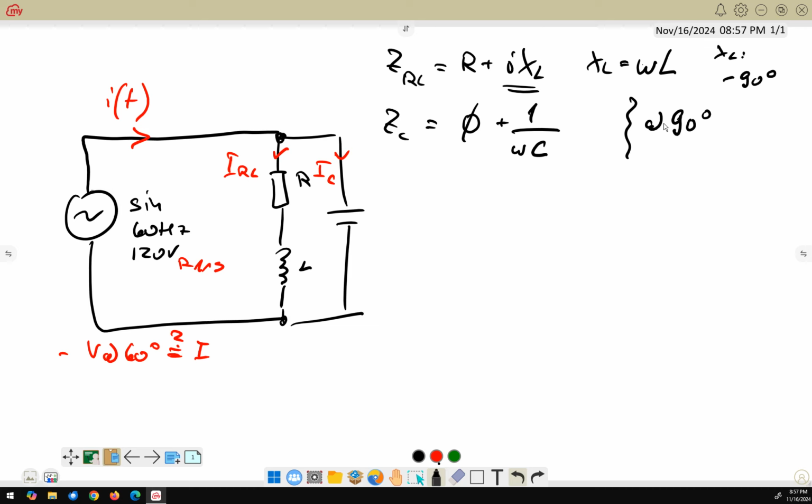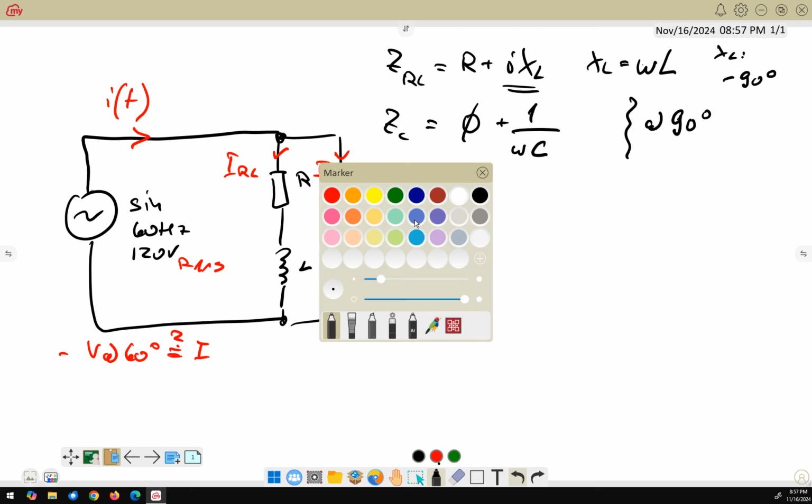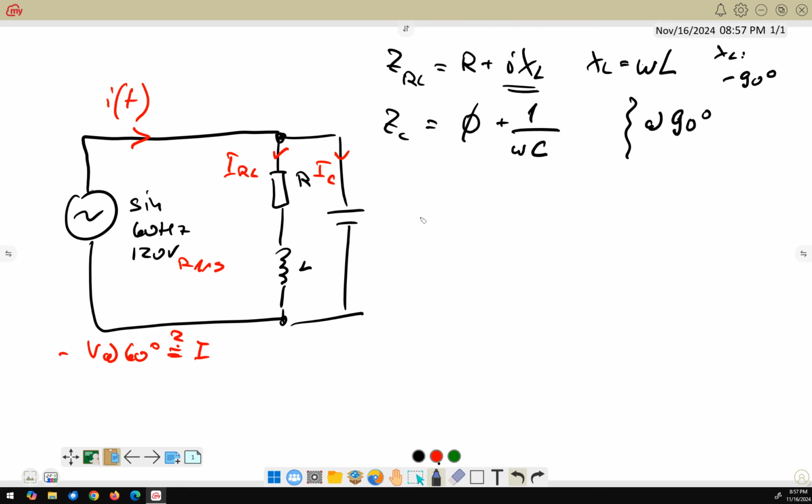If we calculate all this, then we use again Ohm's law. The current through the RL branch is nothing else than the voltage of our power supply, which is a vector, divided by the impedance of our series resistance.